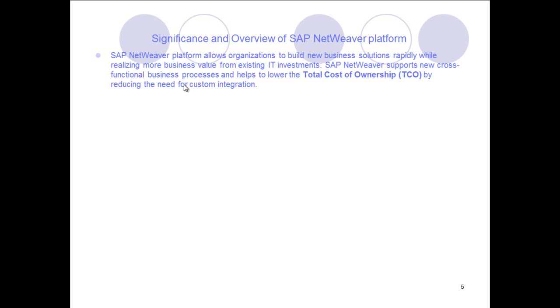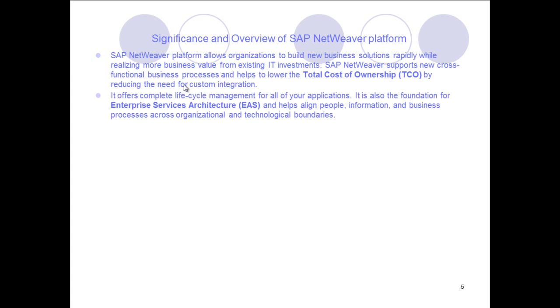What does custom integration mean? For example, if the business needs a custom solution, then they have to create their own custom data flow for the data, so that cost effectiveness is provided by SAP. That is why customers are attracted to the SAP Netweaver Platform.